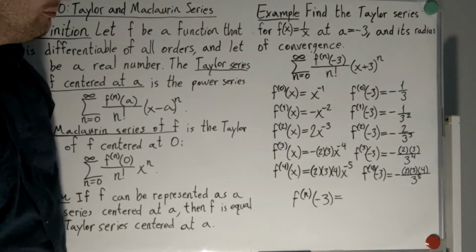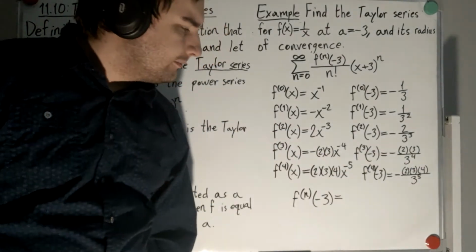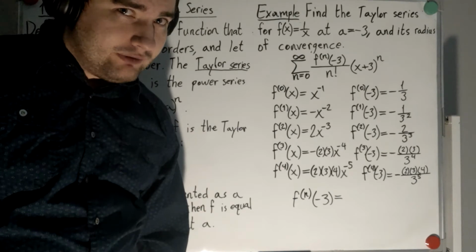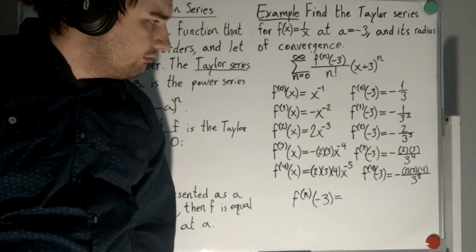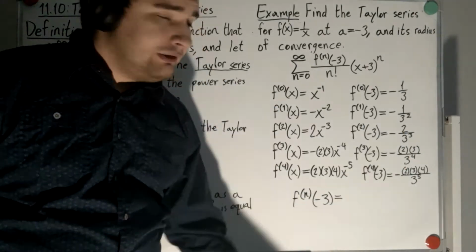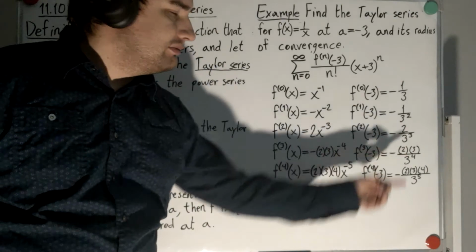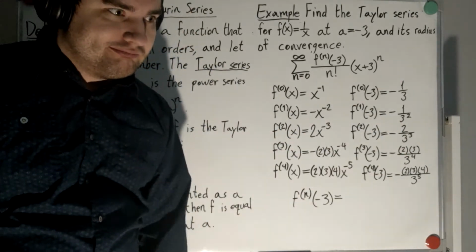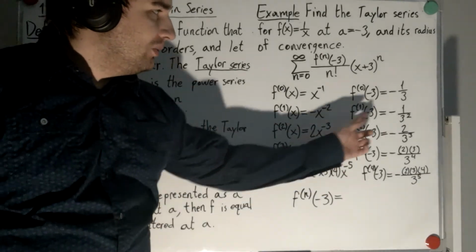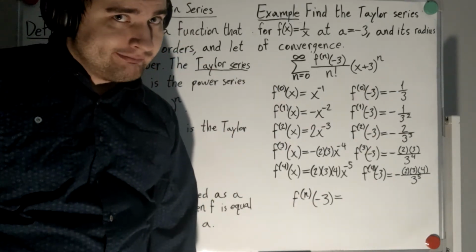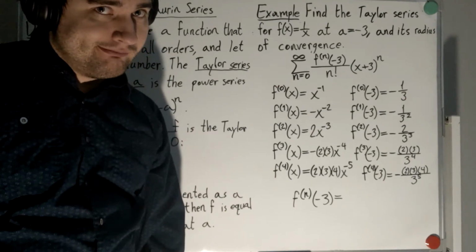Well, let's see here. 2 times 3 times 4, we have a name for that. That's called 4 factorial. 2 times 3, that's 3 factorial. 2 times 1, that's 2 factorial. 1 is 1 factorial, and 1 is 0 factorial.